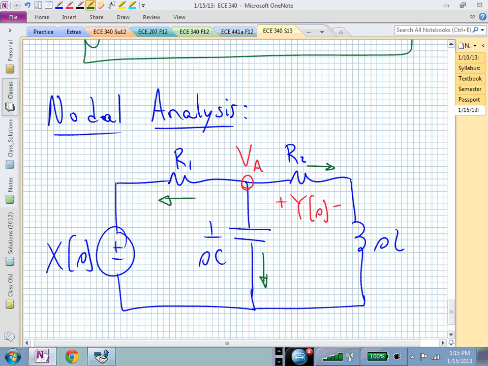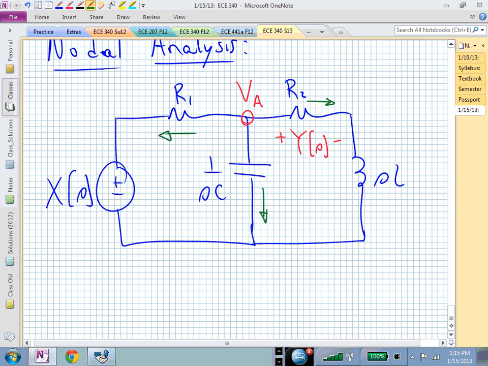To obtain this current going from right to left on the top, the current through R sub 1, I'm now writing a KCL. That's V sub A, and this is all arguments of S, which I'm going to suppress for now, minus X, the voltage dropped across R1, divided by R sub 1. That's the current going from right to left in that top R sub 1 branch.